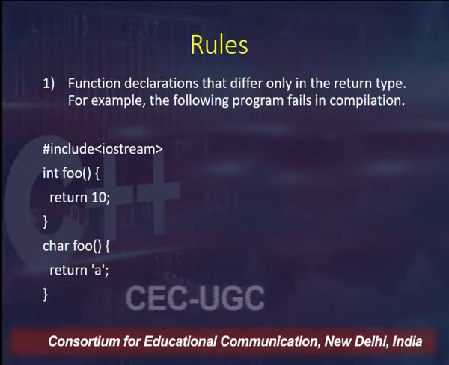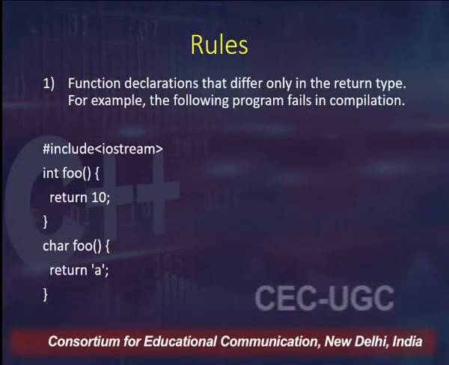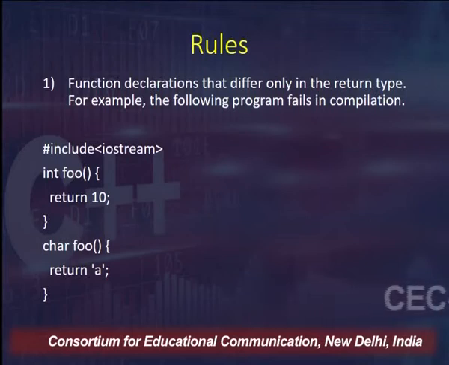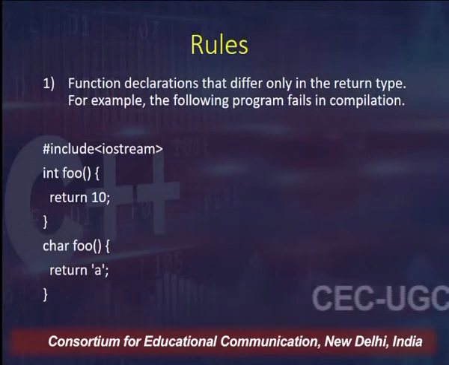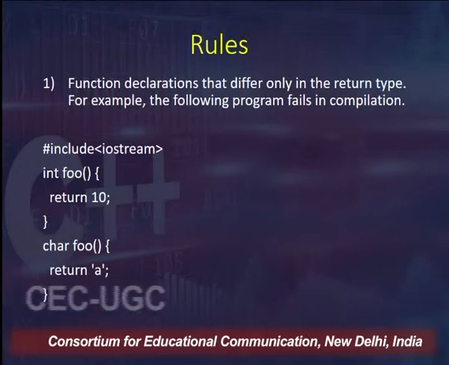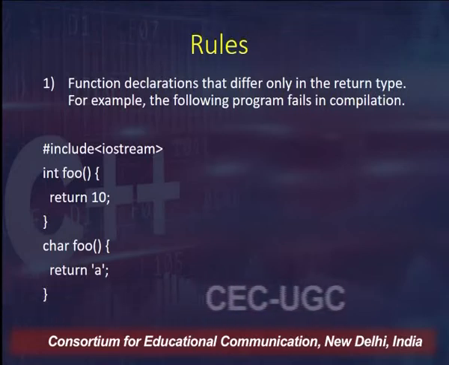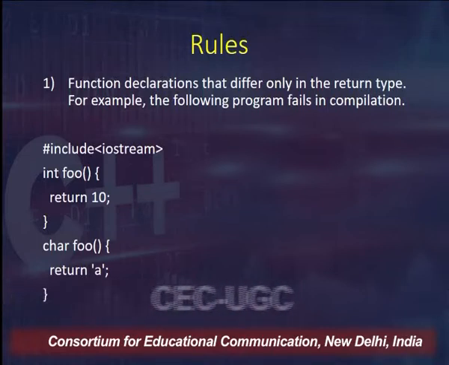Because as per the rule, it is not only the return type which will be able to differentiate between the overloaded versions. So here is a program which has two versions. One is returning an integer, another one is returning a character. Both these functions are named foo, and there is no parameter list.